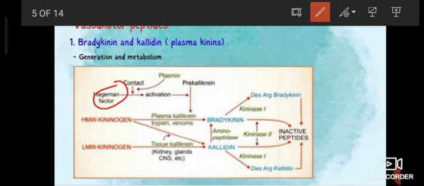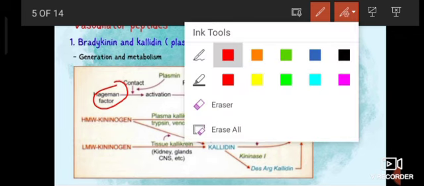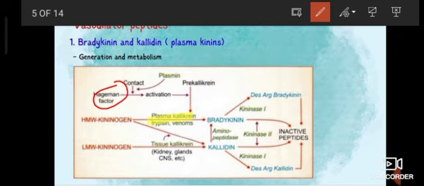Hageman factor is activated by coming in contact with collagen, basement membrane, bacterial lipopolysaccharides, etc., which helps in activation of prekallikrein into plasma kallikrein, which further helps in activation of kininogens.